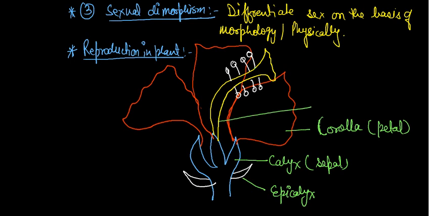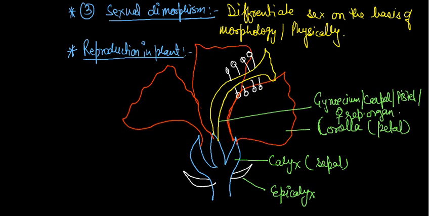Okay, this whole structure that I made yellow is called gynoecium. It is also called carpel, also called pistil, also called the female reproductive organ, or archegonia, but you can leave that. This structure is called stamen, or first we know it as the androecium, the male reproductive organ.